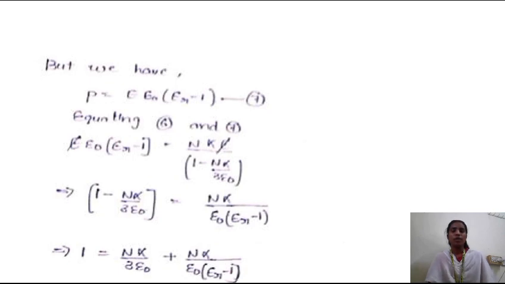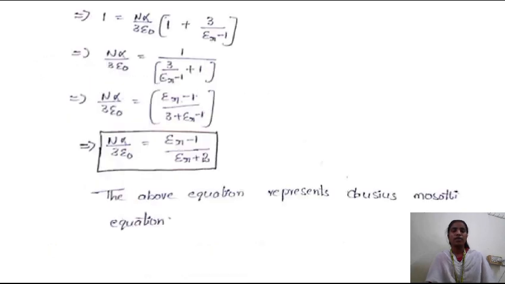Then 1 minus N alpha by 3 epsilon naught, into epsilon r minus 1, equals N alpha by epsilon naught. Rearranging, N alpha by 3 epsilon naught equals 1 by 3 into epsilon r minus 1 plus 1, which gives N alpha by 3 epsilon naught equals epsilon r minus 1 by epsilon r plus 2.